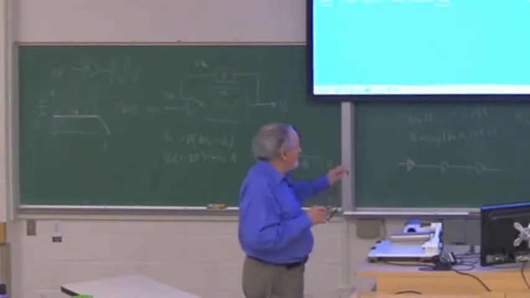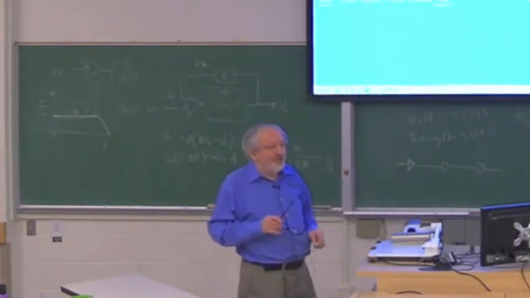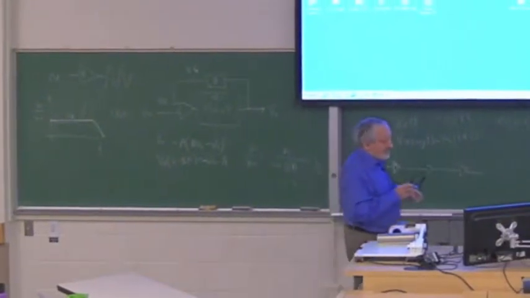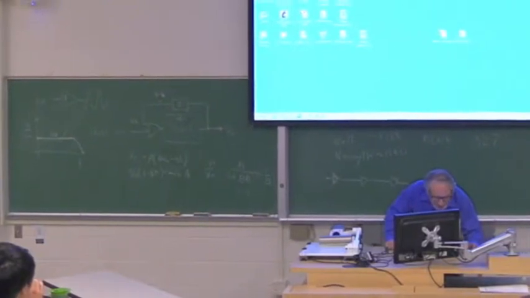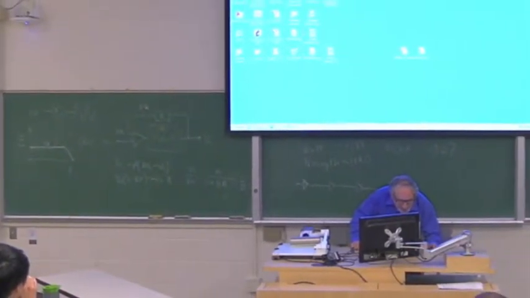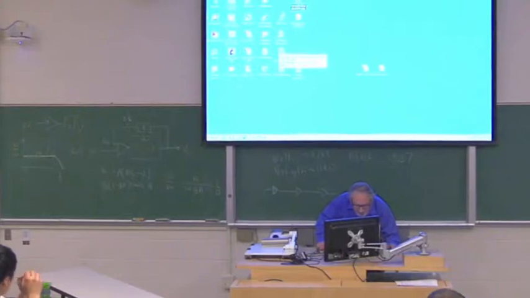The paper is available on the internet. If you Google Harold Black, you can see it, but I want to explain some of the things he understood and their importance. So let me show you Black's paper, which, as I said, was reprinted many times and is available on the internet.